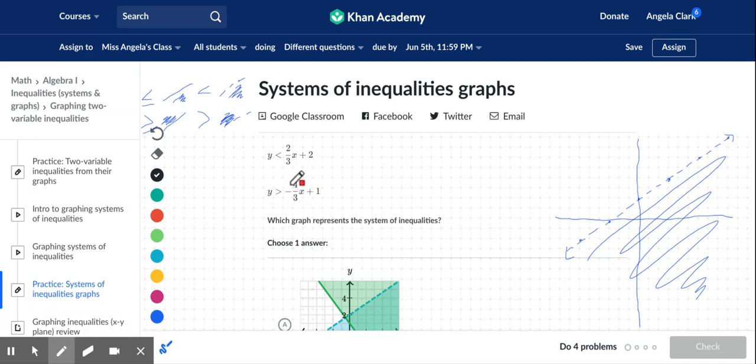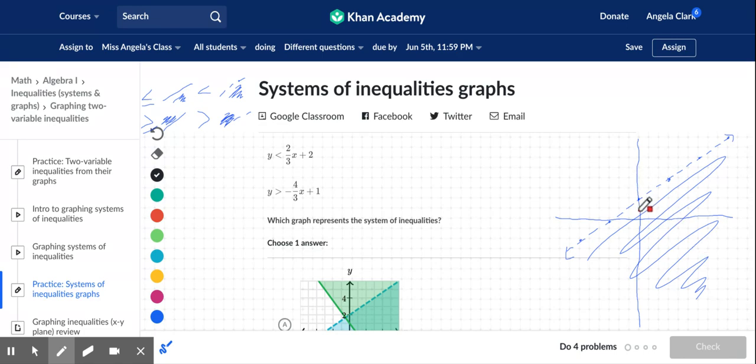So this one's greater than, so I'm going to shade above when I get to that part. And there's no equal to sign there, so it's going to be a dotted line. Here is my y-intercept. My slope is down 4, right 3. So my y-intercept is here at 1.